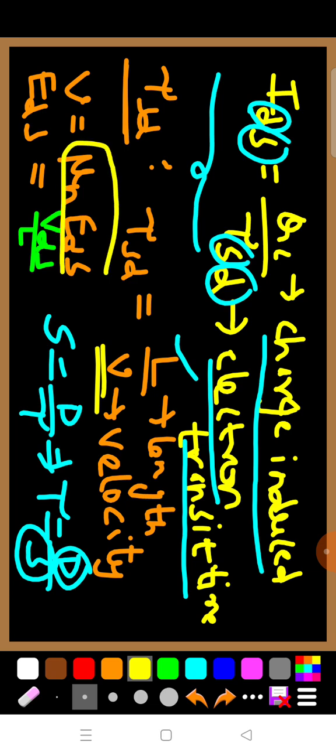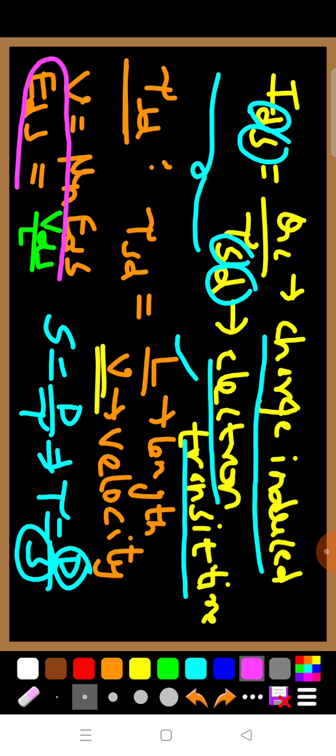Therefore this is mu n into EDS, where mu n is the mobility of electrons and EDS is the electric field intensity between drain and source. This electric field intensity takes place because of the voltage applied between drain and source with respect to the channel.